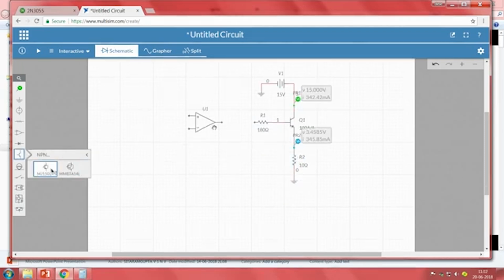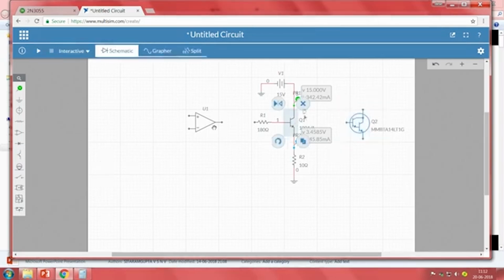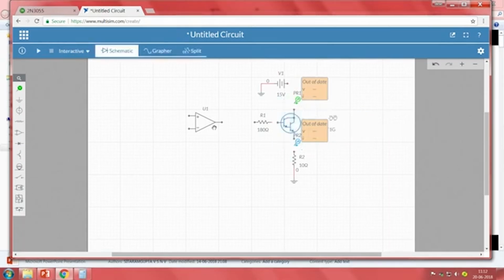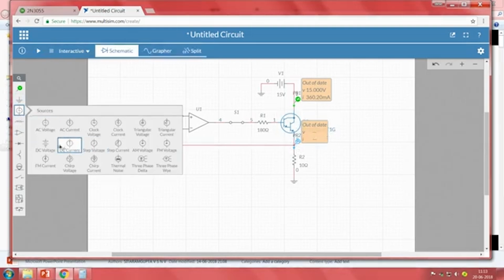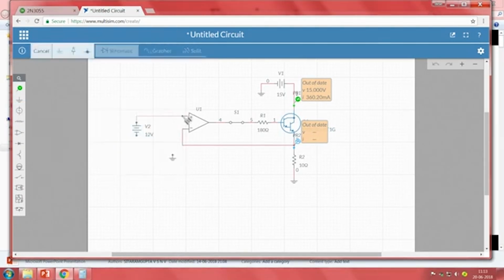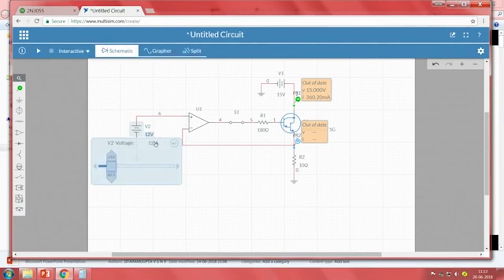Let me take this power transistor. I am connecting it here, negative connecting here. Then this should be connected to a voltage source and ground. The maximum voltage is 1 volt.